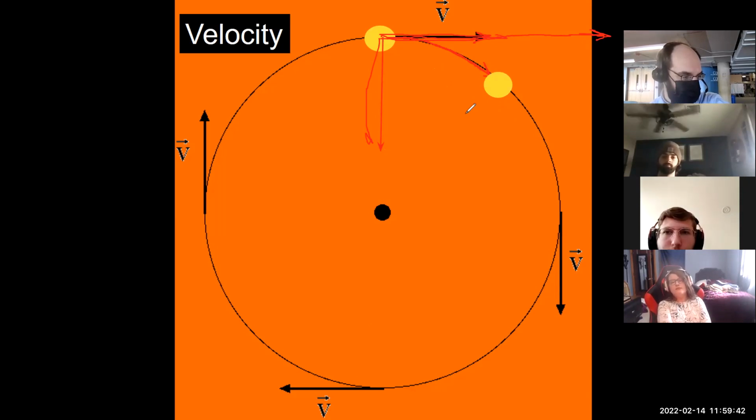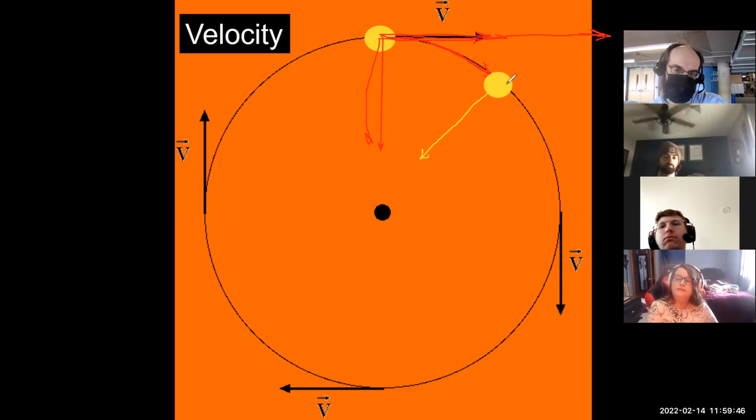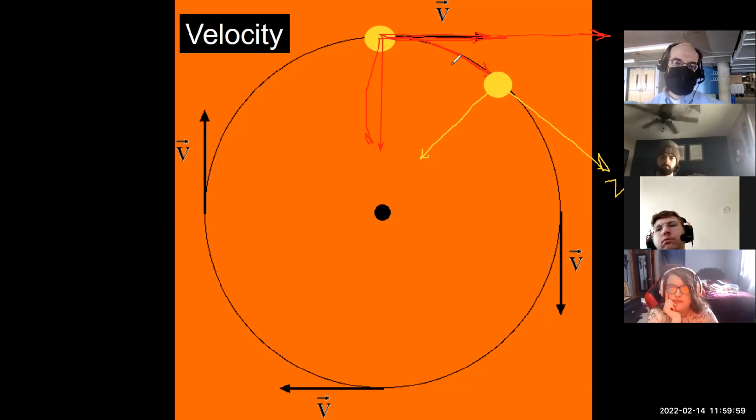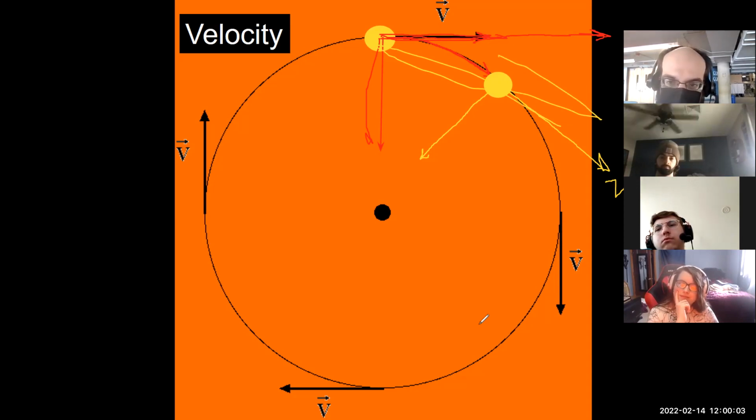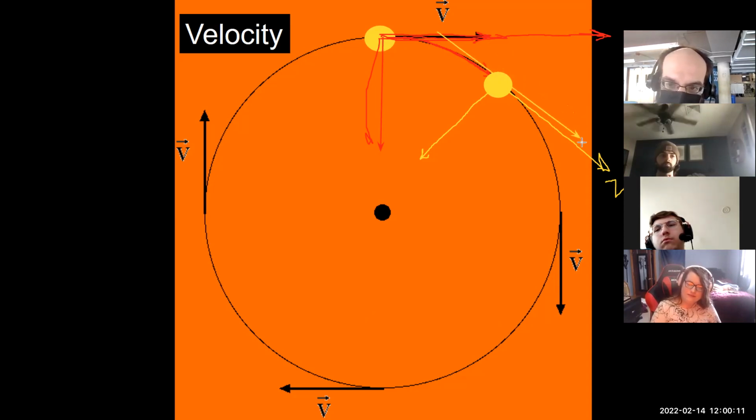It still has the downward force of gravity applied to it, but because there was no sideways force, it should also still have its velocity pointing tangent to the circle there. So there are no forces acting horizontally. Now, horizontal is a little bit skewed, but there's no forces happening in kind of this direction, right?